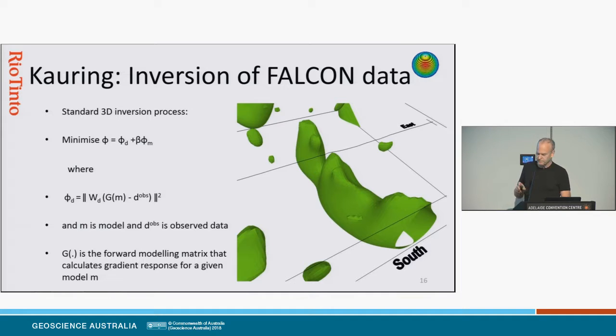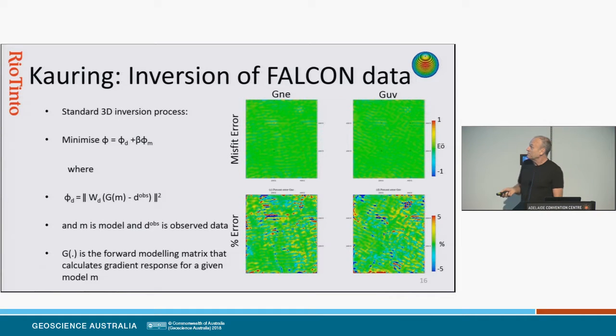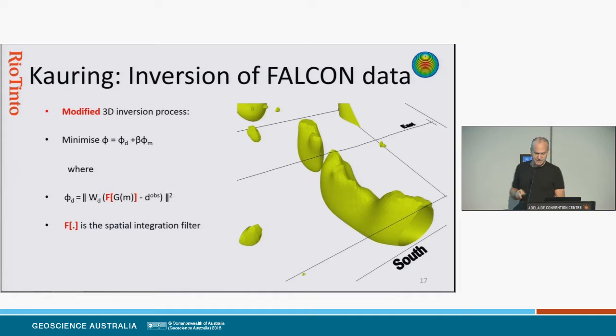I'm guessing it could be 0.1. So it's a pretty normal standard 3D inversion, and there's the errors in terms of the achieved misfit. You can see the actual differences between the observed and predicted data on a scale of -1 to 1 ERTVOS, and as a percentage, and you can see that there are some line effects going on.